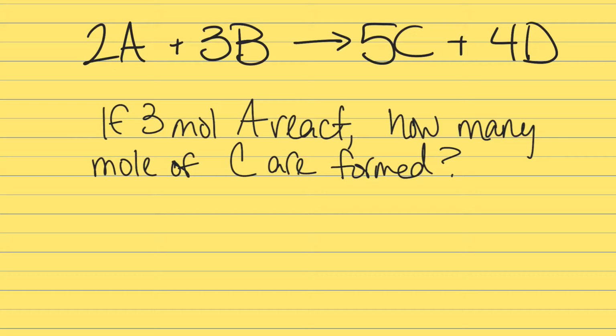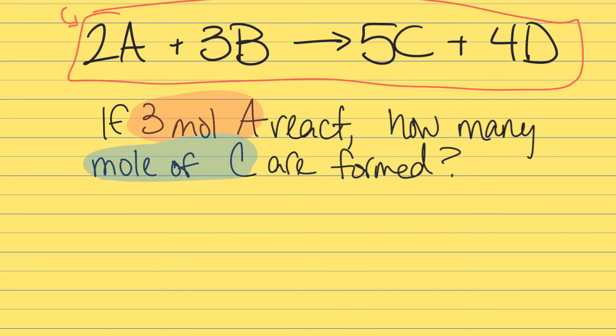All right, so let's highlight our starting unit and our ending unit. We start off with 3 moles of A, and we're trying to figure out how many moles of C you make, okay? So once again, you need an equivalence statement. Where do we get that equivalence statement from? We will get it from this chemical equation here.